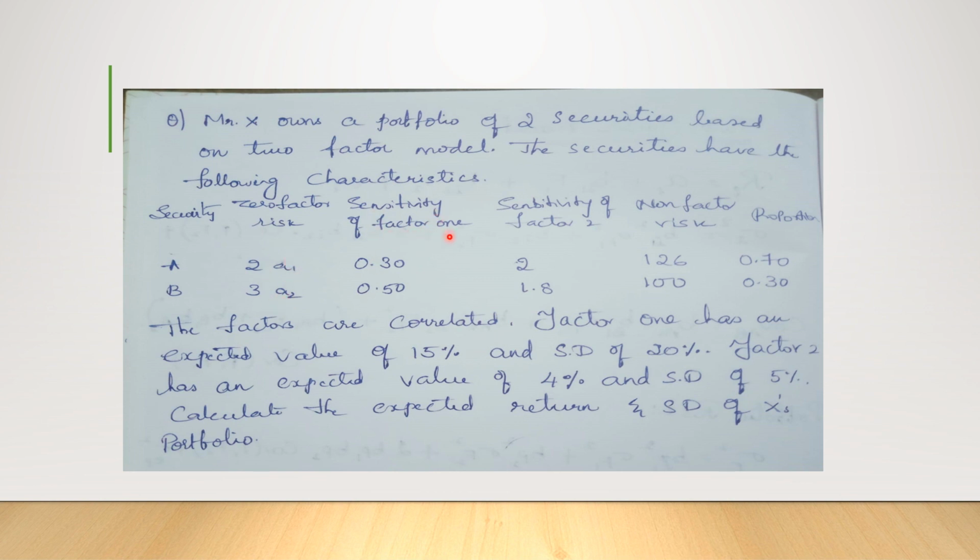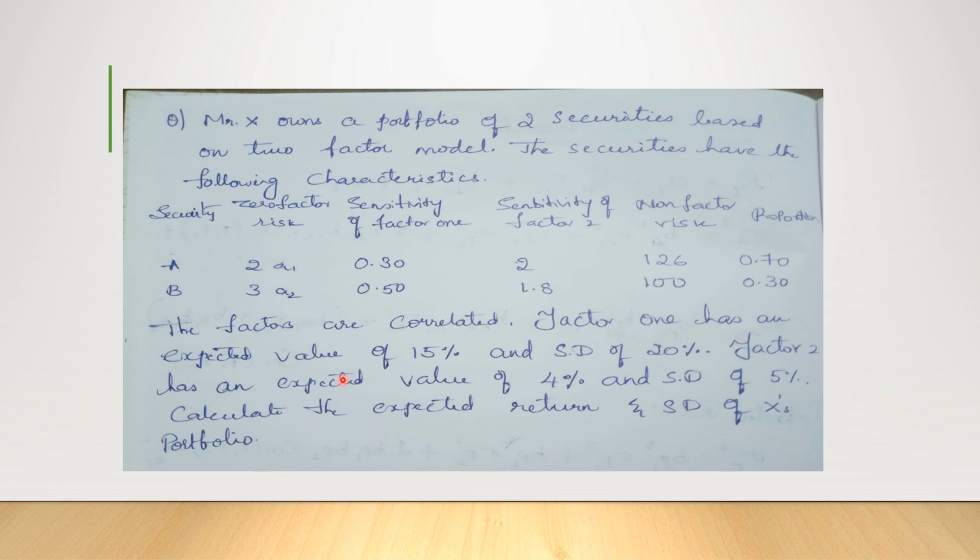The sensitivity to factor 1 is denoted by B11, and for factor 2 it is B12, and the non-factor risk is given, and also the proportions or weights of the securities invested are given. The factors are correlated.